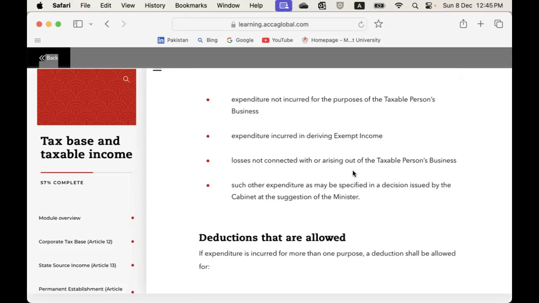What is that approach? Can somebody tell me? Allocation and apportionment. Can somebody tell me the difference between allocation and apportionment?